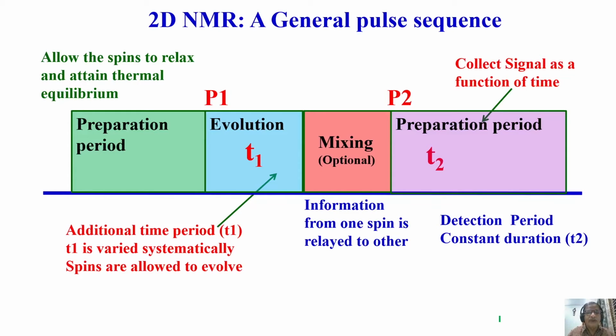Now, coming back to the two-dimensional NMR, it is a general pulse sequence I have written. Any two-dimensional NMR, for that matter, consists of basically 4 time periods like this. So, what is happening here? Look at it. These 4 time periods have been divided into preparation period, evolution period, mixing period, and detection period.